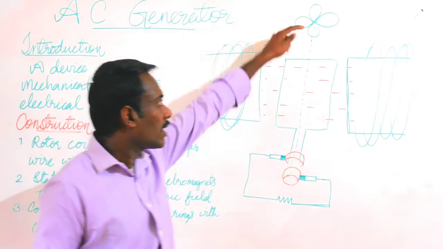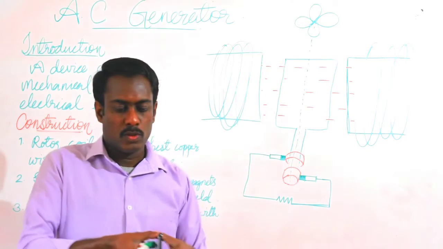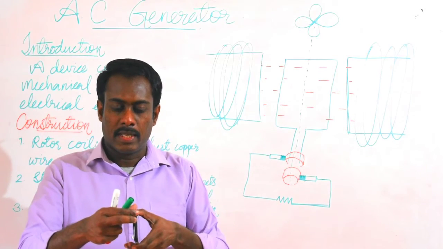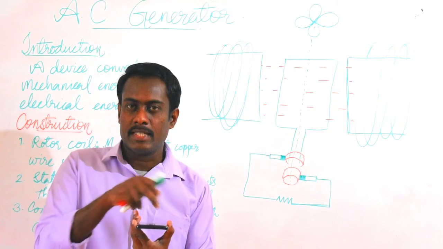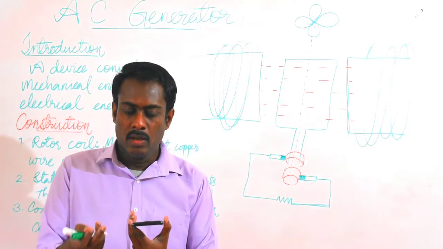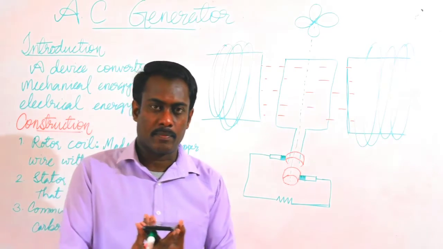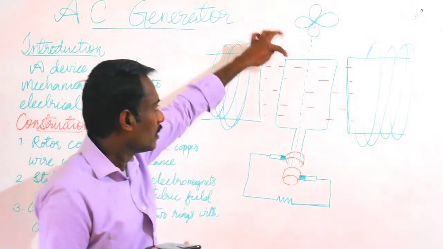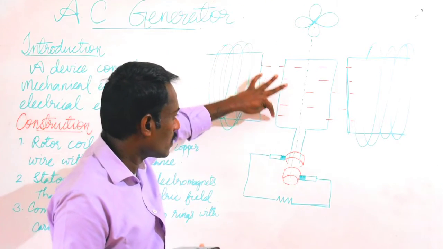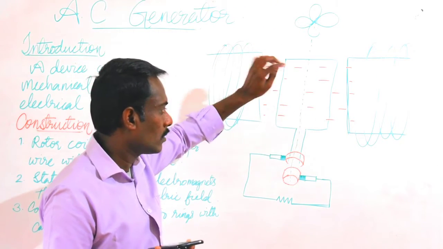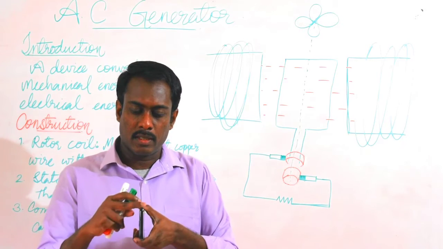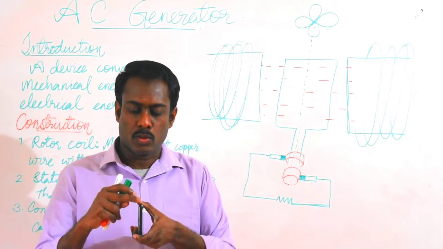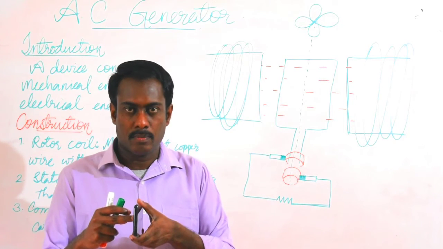When mechanical energy is provided to the turbine, the shaft rotates, and the armature also rotates 90 degrees. As it rotates 90 degrees, the electric current will flow through this. Here the magnetic flux associated with the coil was maximum.